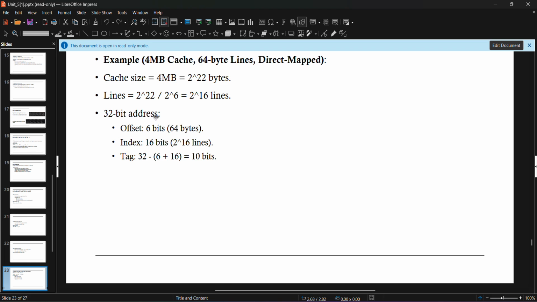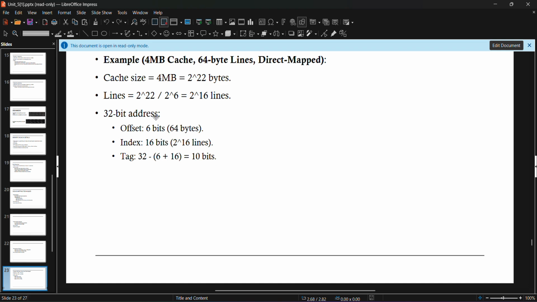The offset will have its share of the address, that is 6 bits. The index will have its fair share of the address, that is 16 bits. And then the tag will be the remainder of what is left of the address.